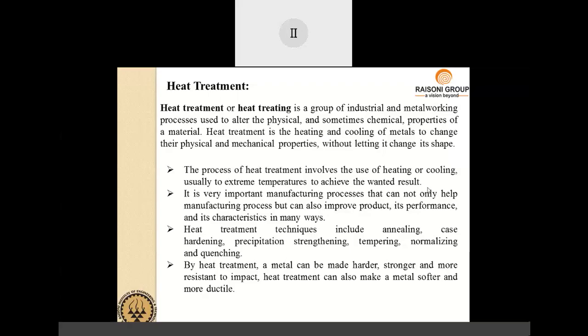So take an example of any iron alloy. If you heat it to about 900 degrees Celsius and place it in a furnace to cool down, that is a very slow rate of cooling. Or you place that iron rod in molding sand, so that the cooling rate is very slow.